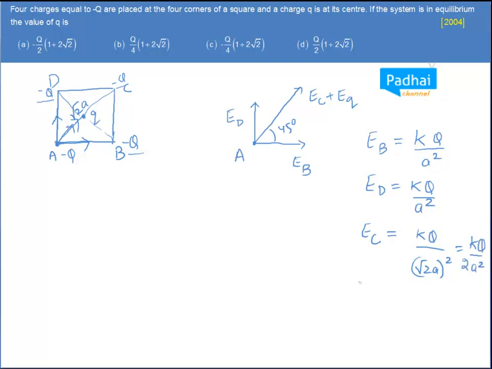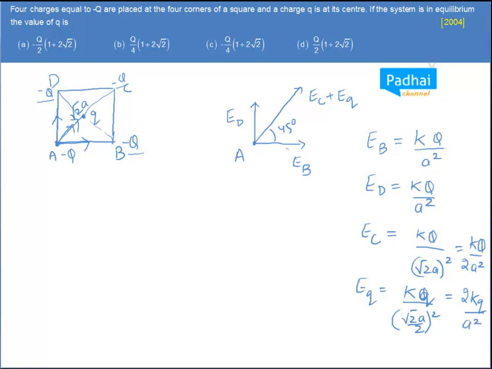And what will be due to small q? That will be equal to kq upon root 2a by 2 whole square. This will be small q, sorry. So this will basically be 2k small q upon a square, right?